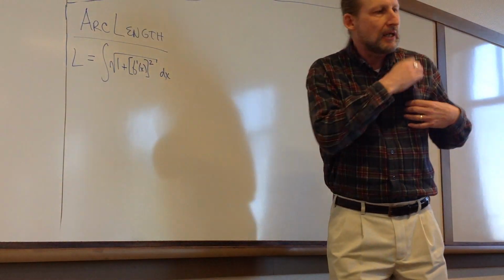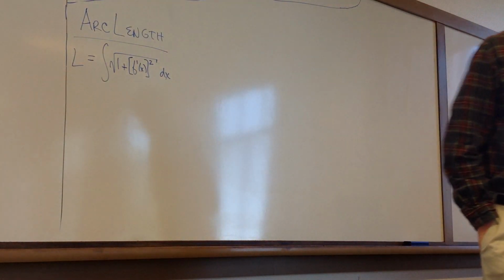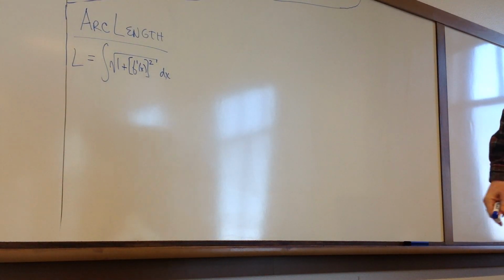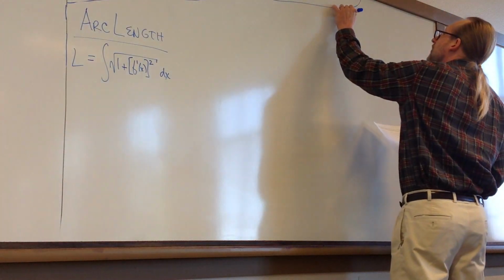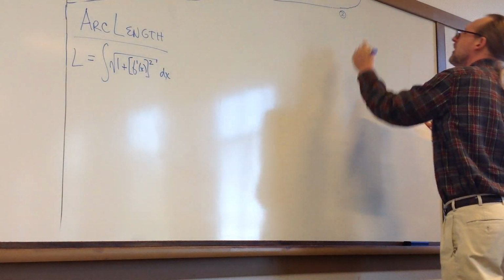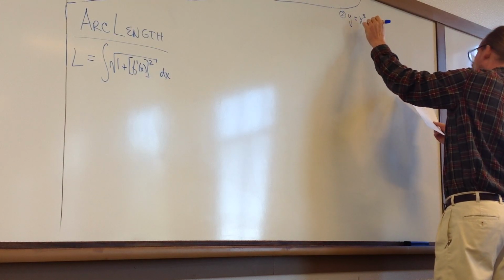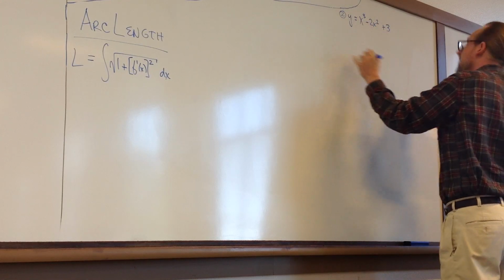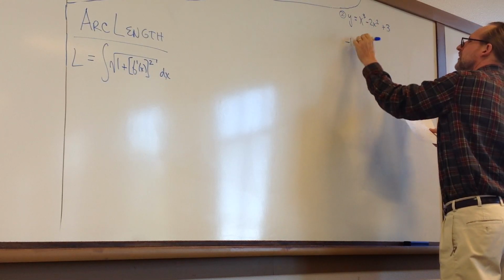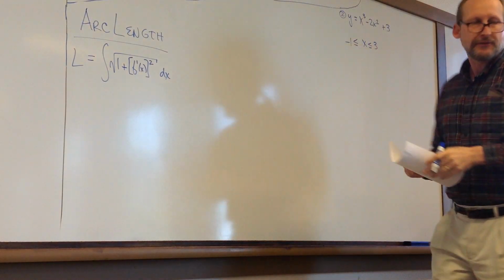So what I've done with this topic is, we take a problem, let's say we want to look at problem 2 on the handout. So problem 2, we're working with the curve y equals x cubed minus 2x squared plus 3, and we want to find the length of the curve between -1 and 3.